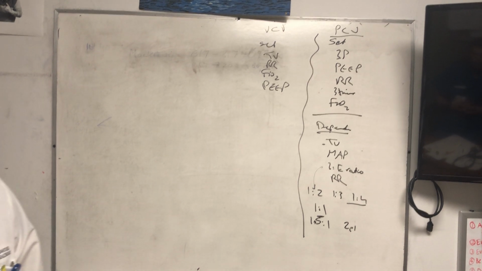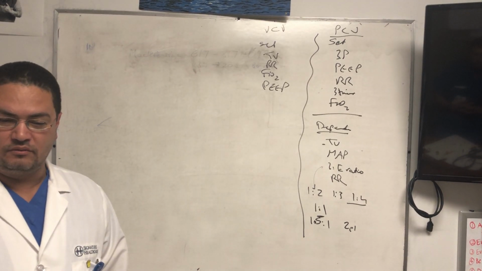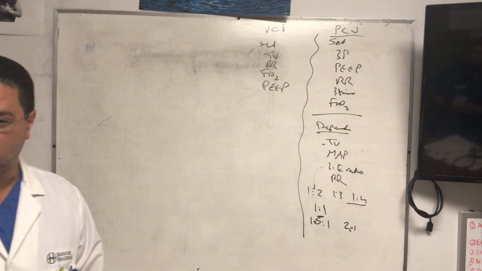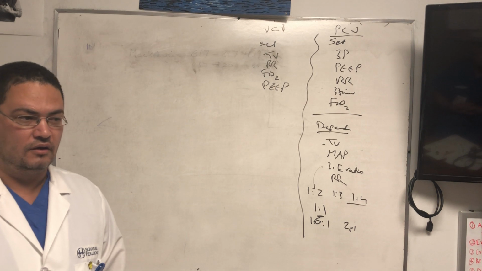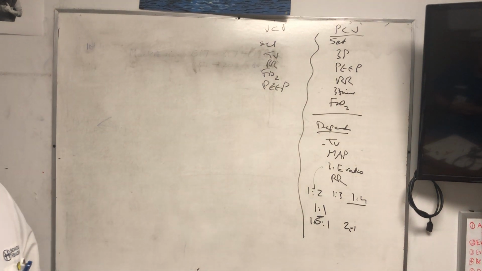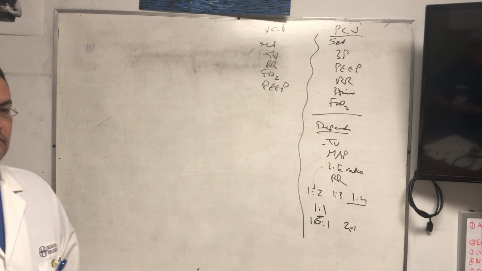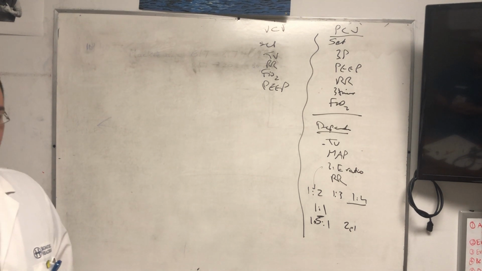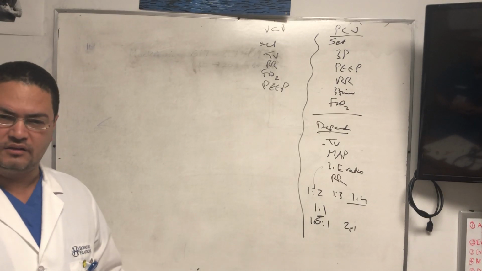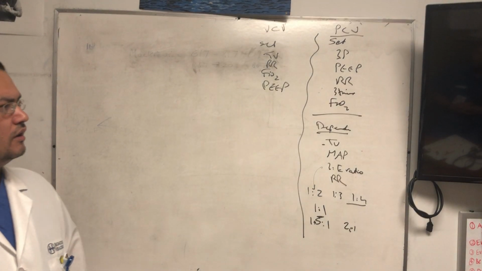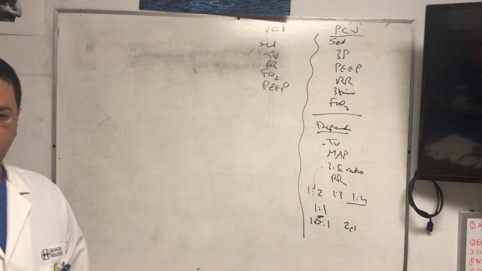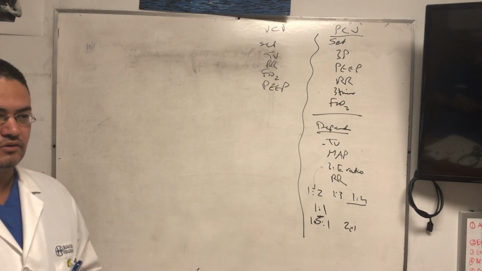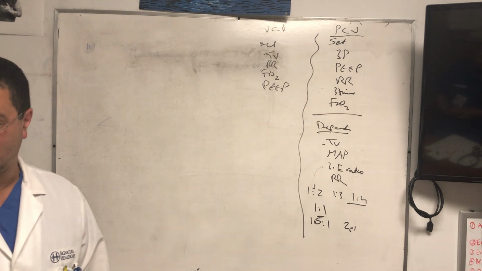Okay, next, somebody tells me, I switched the patient from volume control to pressure control for hypoxia. So I ask, what's the I to E ratio, or what's the I time? And he tells me, oh, I don't know, I left it for the respiratory therapist, or he said he set the settings and they will take care of the I time.